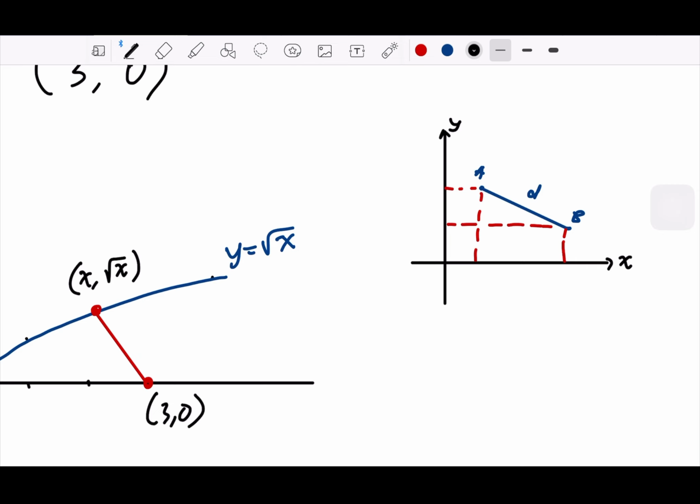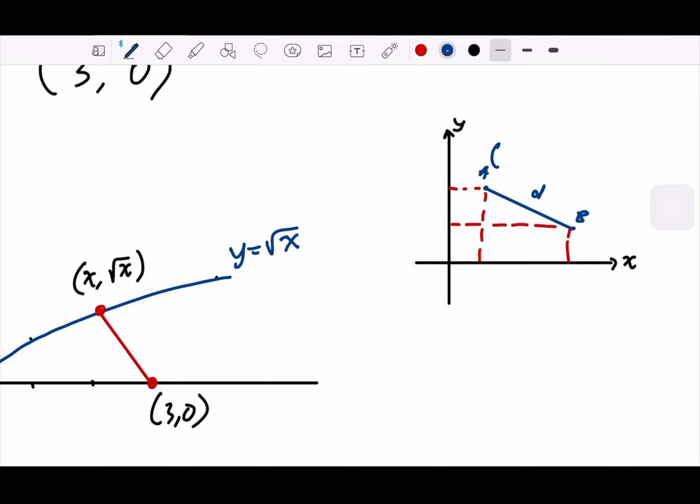So this has a point, this also has a point. So we can say that if we take this x1, y1, x2, y2, then the delta will be x2 minus x1, right?